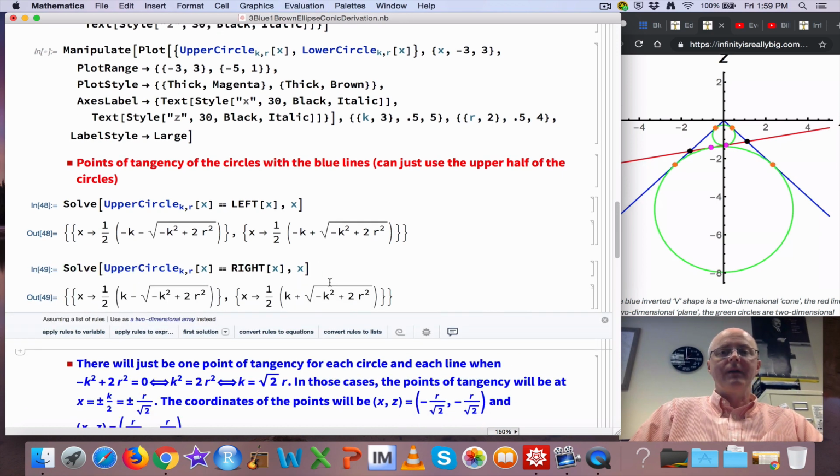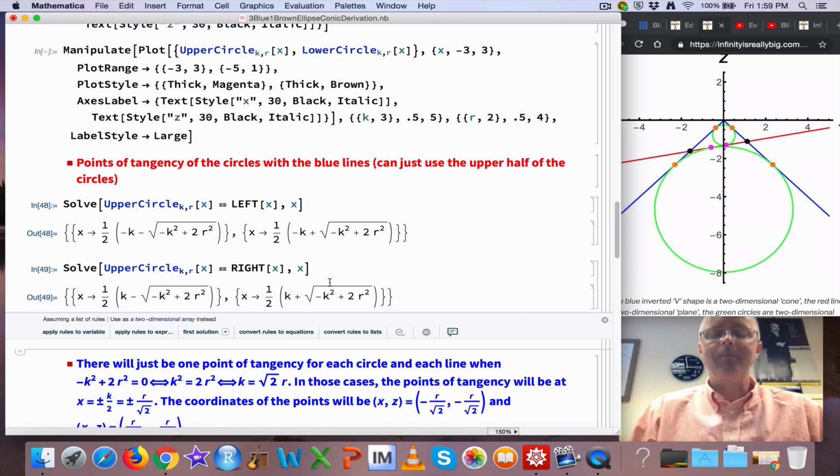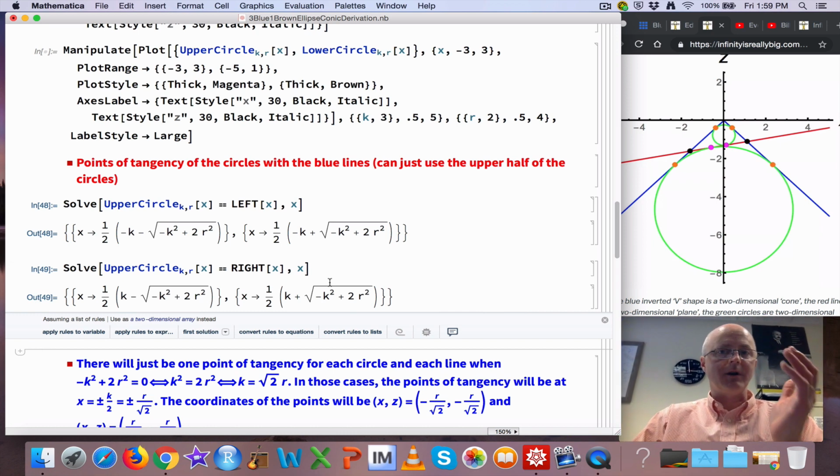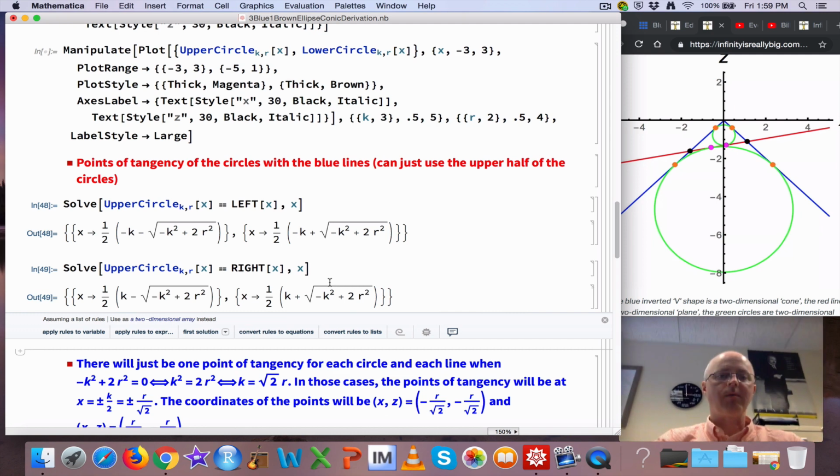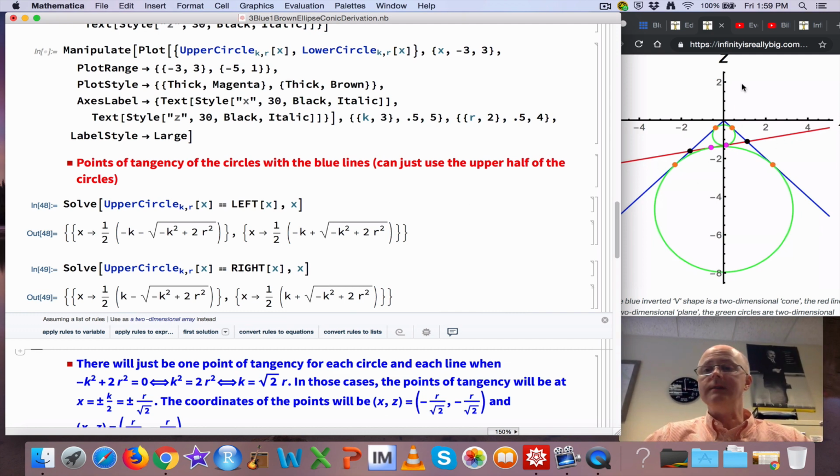Okay? Now here's where we start to get a little bit more challenging as far as understanding what's going on here. An arbitrary green circle centered on this z-axis with an arbitrary radius, say large radius, is going to intersect typically, well, at least if you extend these blue lines further, these blue lines at more than 1 point, 2 points, each blue line if you extended it further.